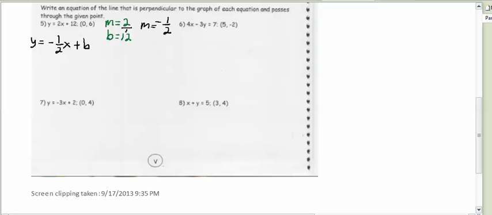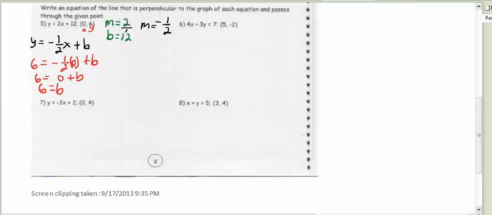So the same process we used above. They gave us our x and our y. So my y is 6. I have -1/2 x. Oh, not x this time. We're going to substitute the 0 plus b. So 6 is equal to -1/2 times 0, which is 0, plus b. So b is equal to 6.